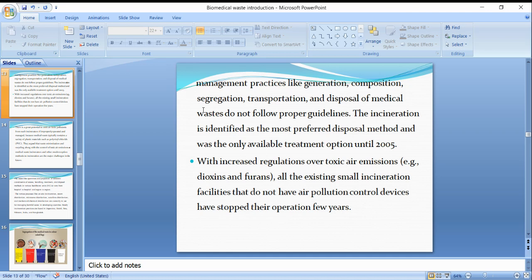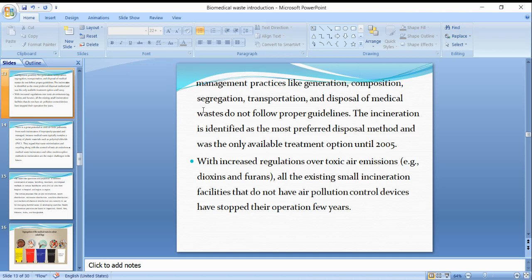In the burning, poisonous gases are also released at the time of burning. So till 2005 we used the incineration process as the most preferable disposal method.